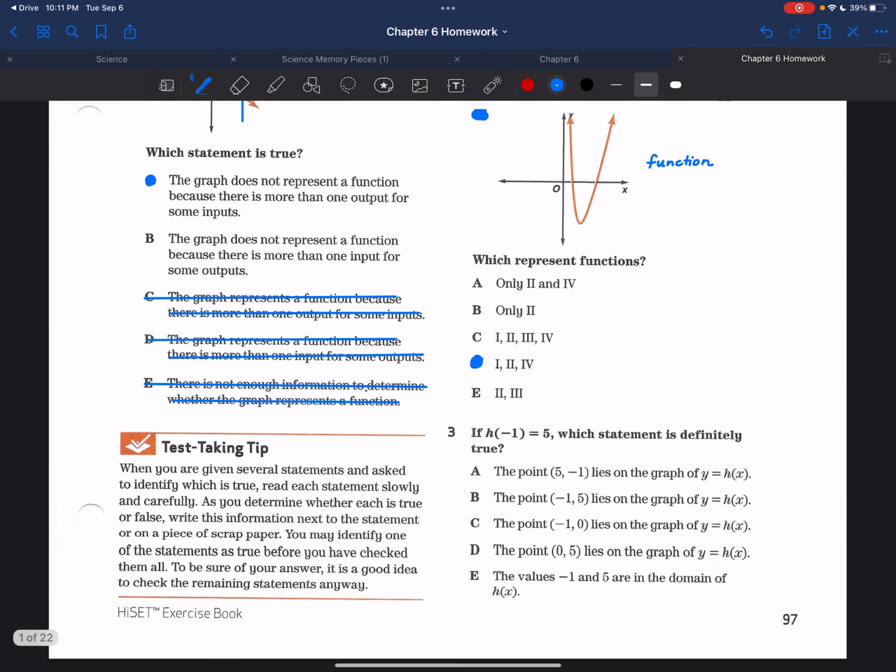If h of -1 equals 5, which statement is definitely true? Well, if you know your function notation, this is what it's saying.